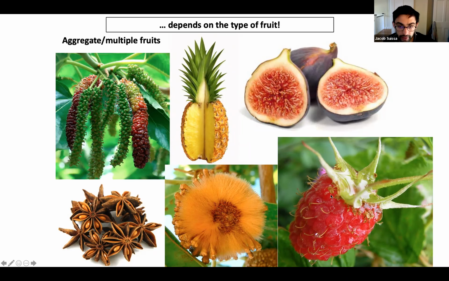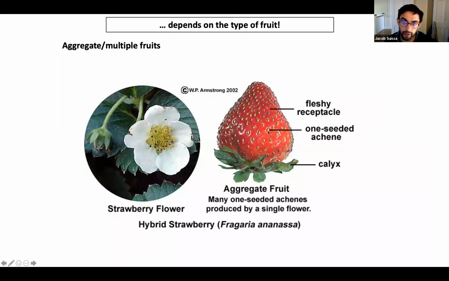They're separate and they're simple carpels. And then as the fruit grows, develops and matures, they kind of fuse together. So it's an aggregate of berries. And that's fundamentally different from a strawberry, which is an aggregate of achenes. An achene is just a one-seeded dry fruit.